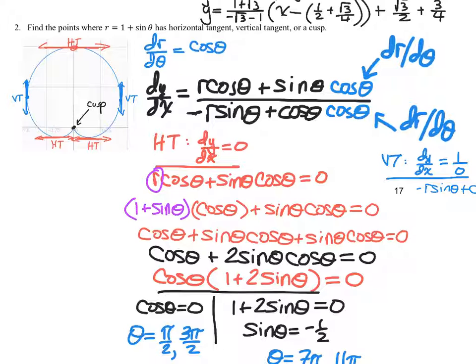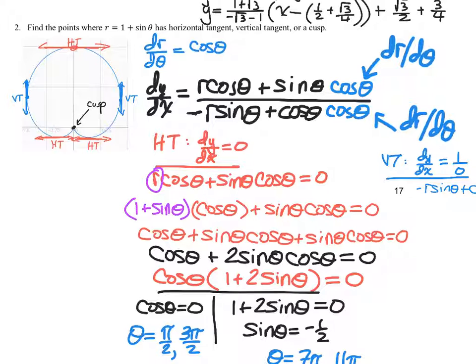The good news is, all we have to do is go back to the original function, and you can tackle this one of two ways. One way would be to do it by hand, which isn't too terrible, but the other way would be to let the calculator do the heavy lifting using the value function. One of these values is not going to be the horizontal tangent.